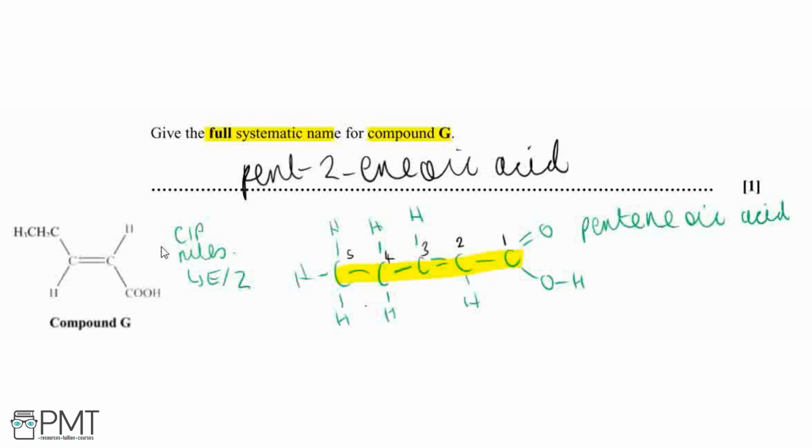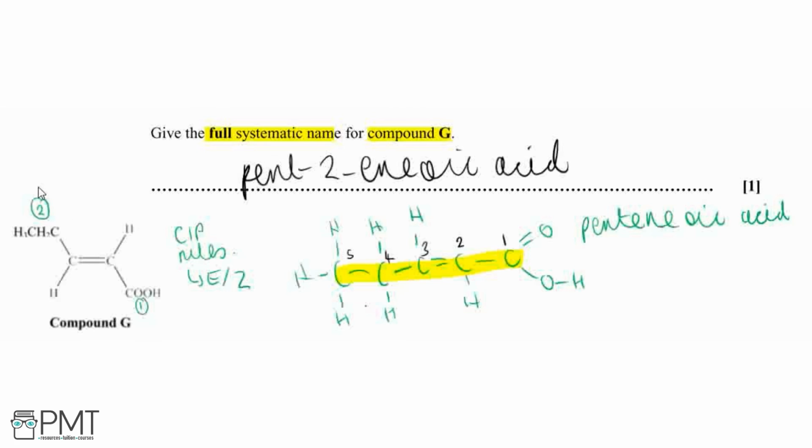So our highest priority group is going to be the acid group, and that's because we've got the carbon and then the oxygen is the next along, and that's got a higher atomic number than the second carbon over here. So that is our first priority, this is our second priority, and these hydrogens are both of equal third and fourth priority there.